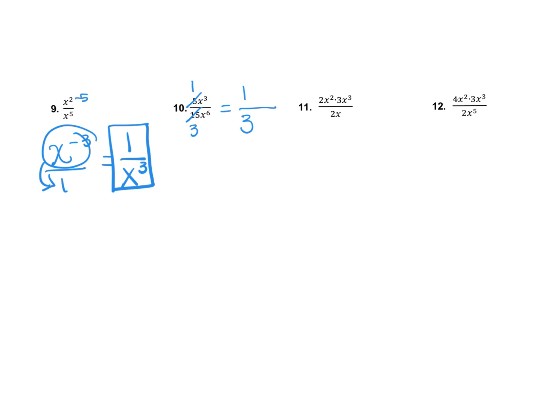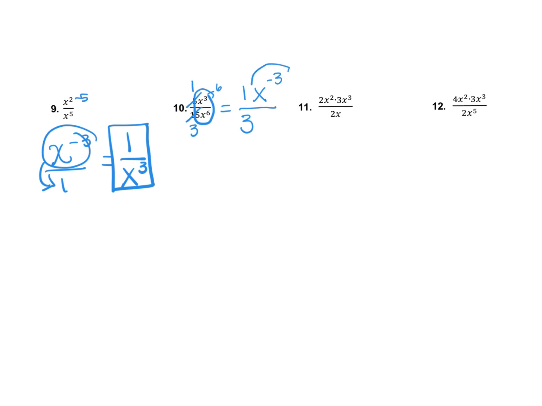And then I need to evaluate x to the 3rd divided by x to the 6th power. So remember, when you divide exponents of the same base, you're going to subtract. So I'm going to take 3 minus 6, and I'm going to have x to the negative 3. Now, we need to make that negative exponent a positive exponent.